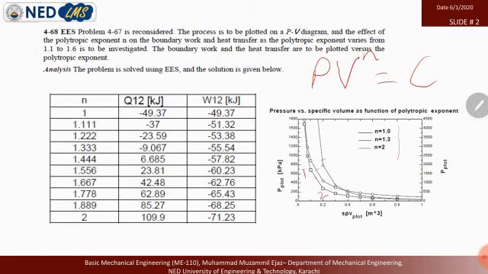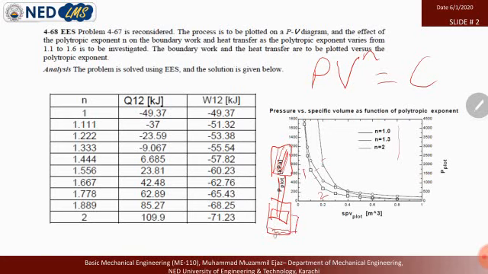The process which is done only by the gas's own reaction is called a polytropic process. For example, we have a piston cylinder device containing mass. By the mass, this piston will decrease the volume and increase the pressure.